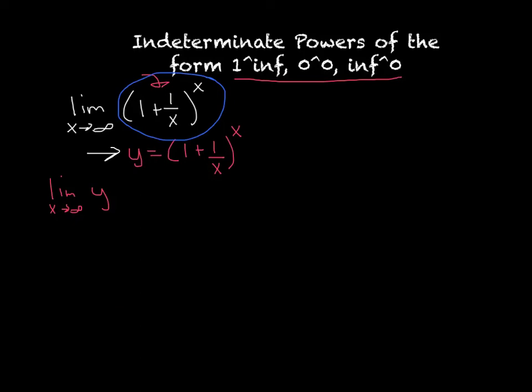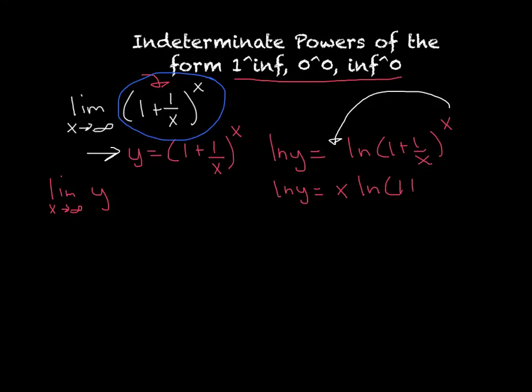So we're going to say natural log of y is equal to the natural log of (1 plus 1 over x) to the x. You're saying, well, why would you do that? Well, because there's a property of logs that we want to take advantage of. We can move this exponent to the front of that log, and so it's going to become natural log of y equals x natural log of 1 plus 1 over x.